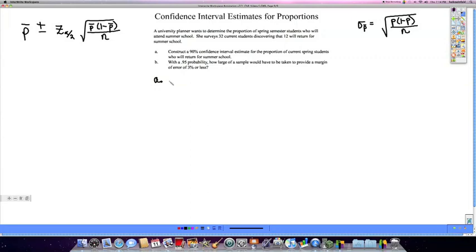We found that p was equal to 12 over 32, which is 3 over 8, which is 0.375. And then we found that 1 minus p was 1 minus 0.375, which is 0.625.